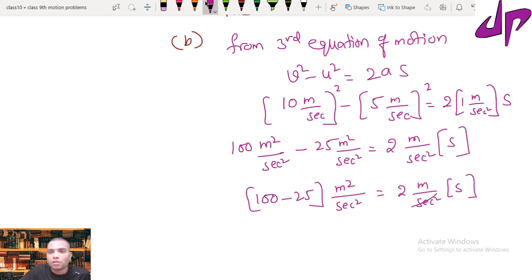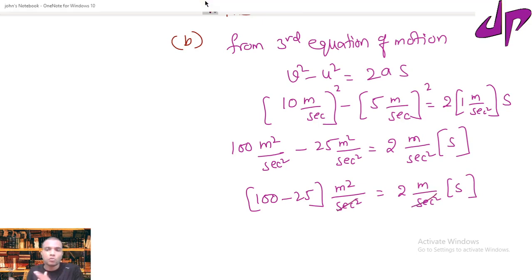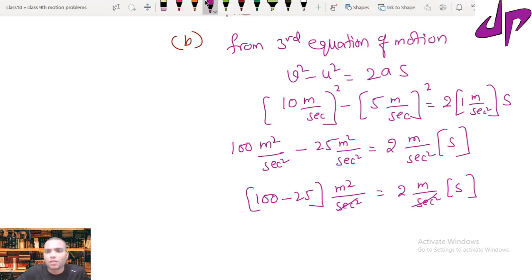You can cut now, the denominator second square gets cancelled on both sides. On this side also 1 meter square gets cancelled, and 100 minus 25 is 75. Here 1 meter will be left equal to 2 times s.